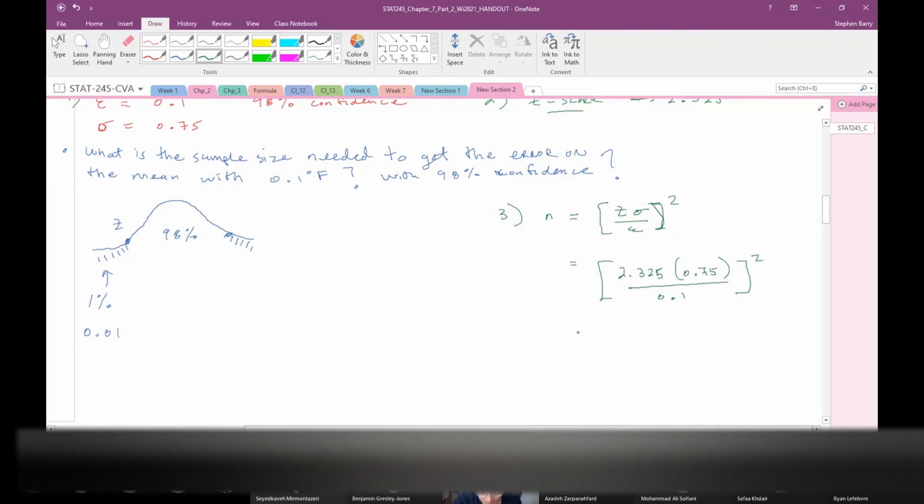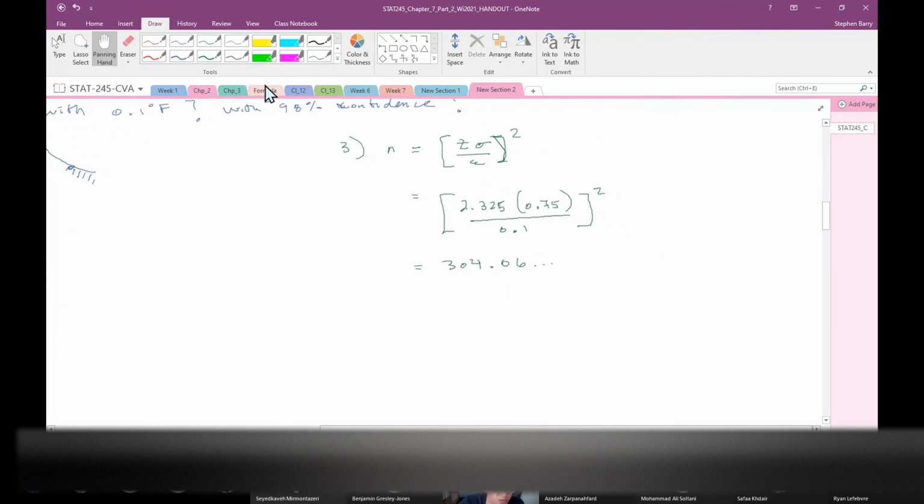We get 304.06 and so on. We always round up when you have a sample size because it's a discrete value. Always round up with discrete values when you get a decimal. Chapter 1 coming back to haunt you. So 305 O-rings need to be tested with the current process as it is.